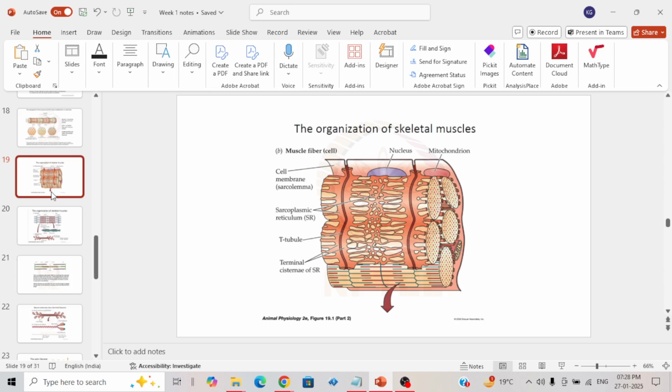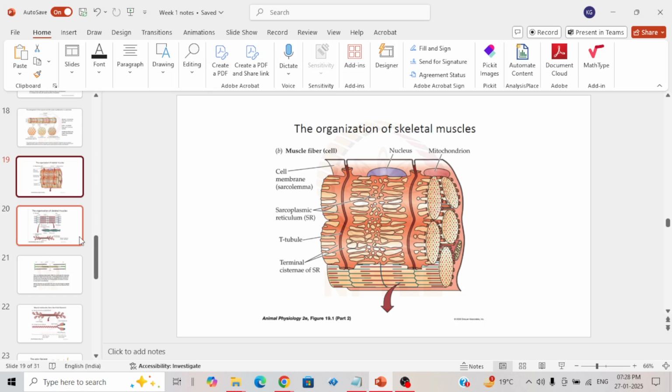When this ryanodine binds to the ryanodine receptors, it blocks them, so they won't function properly. Then the calcium won't be released from the sarcoplasmic reticulum, and if it isn't released, the contraction won't happen. Paralysis? Quite possible.